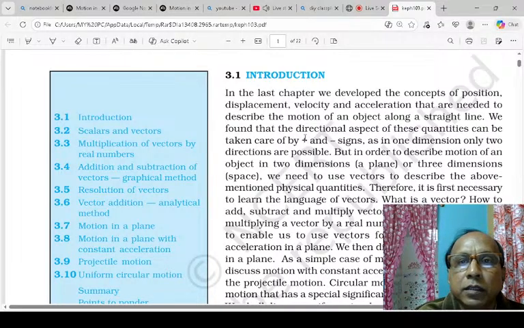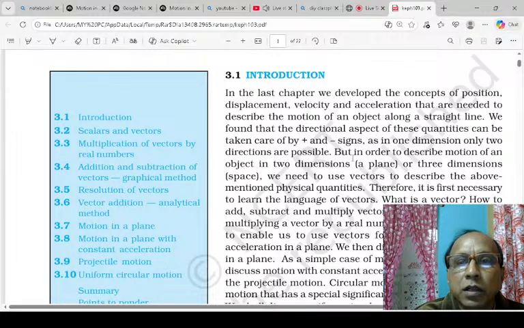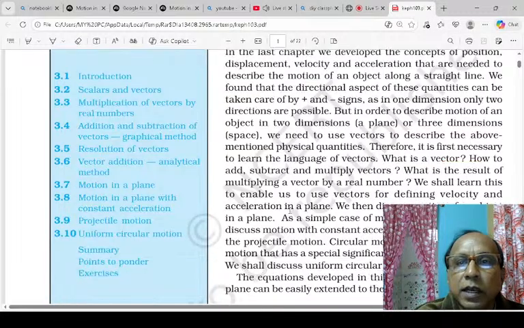We found that the directional aspect of these quantities can be taken care of by plus or minus signs, as in one dimension only two directions are possible. But in order to describe motion of an object in a two dimensional plane or three dimensions we need to use vectors to describe the above mentioned physical quantities. Therefore it is first necessary to learn the language of vectors.